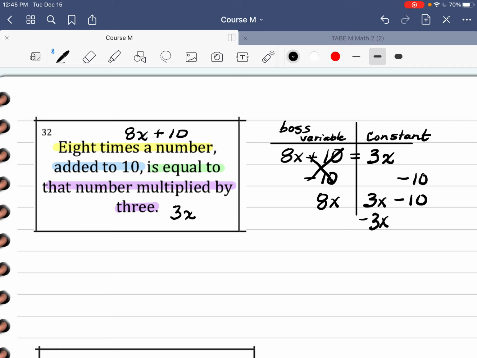I'm going to minus 3x, cancel, copy, divide by the coefficient 5. So x is negative 2.